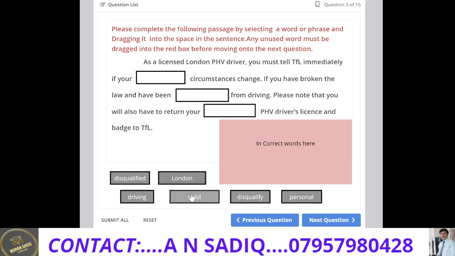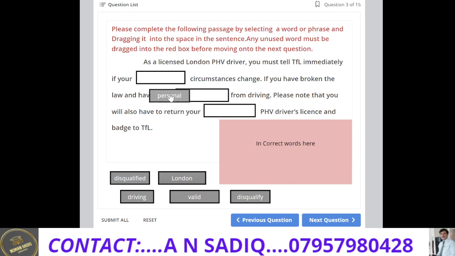here. So if your personal circumstances, disqualified circumstances, valid circumstances, London circumstances, disqualified circumstances, or driving circumstances.